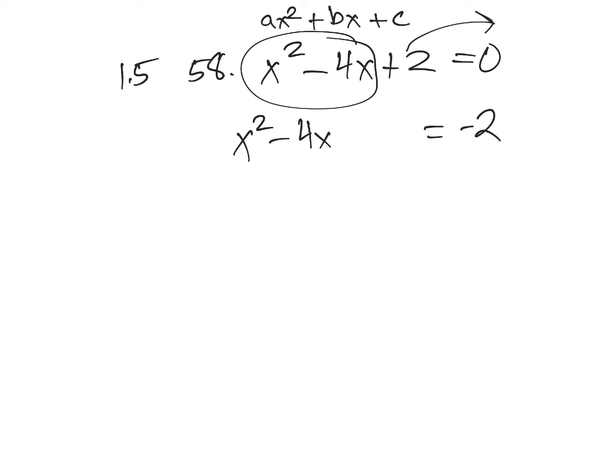All right? So this is how it's supposed to look to complete the square. You need to make whatever you've been given look like this. The next thing is you take b, positive or negative, divide it by 2, and square it.